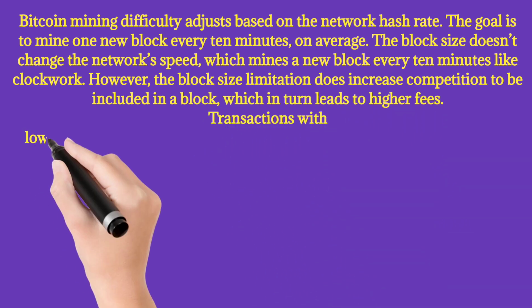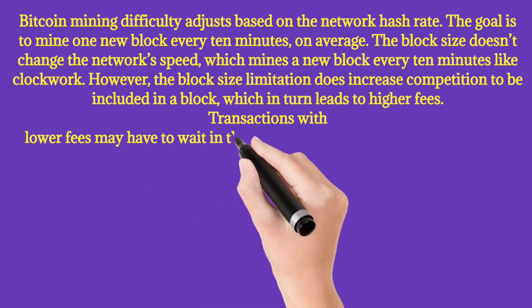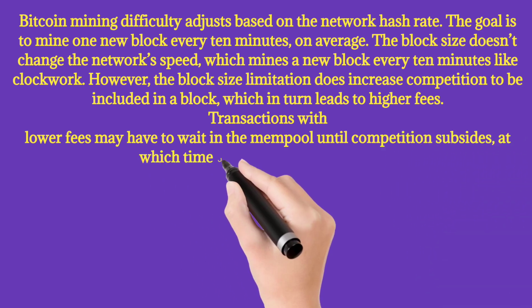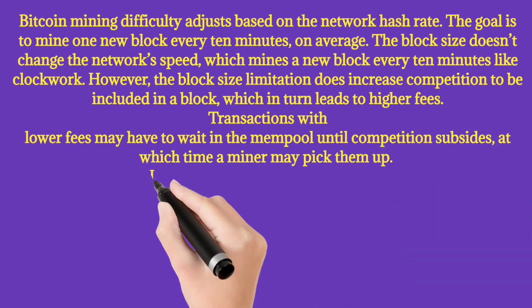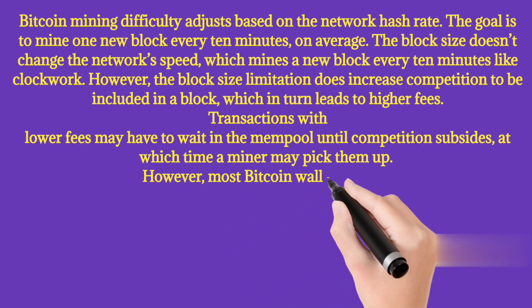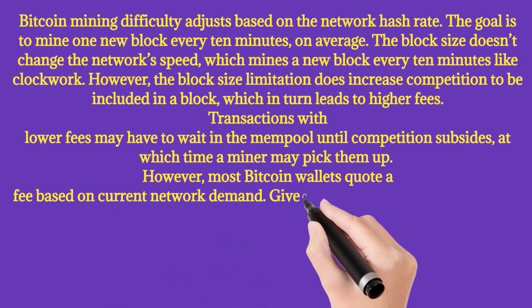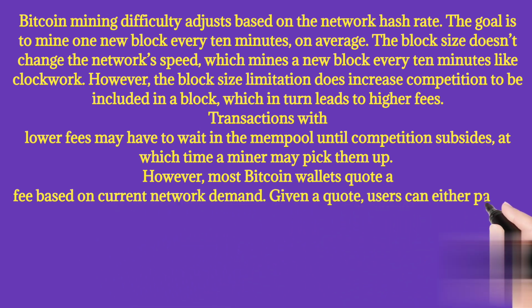Transactions with lower fees may have to wait in the mempool until competition subsides, at which time a miner may pick them up. However, most Bitcoin wallets quote a fee based on current network demand. Given a quote, users can either pay the current fee or wait.